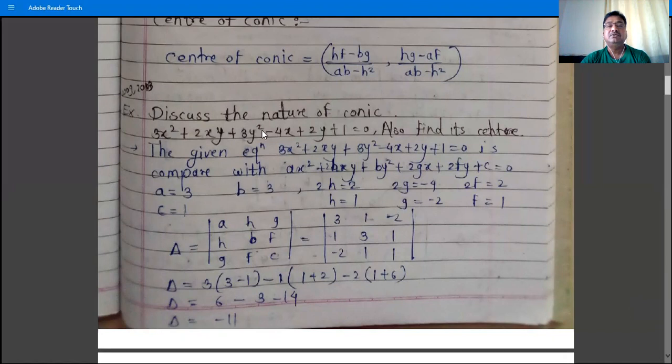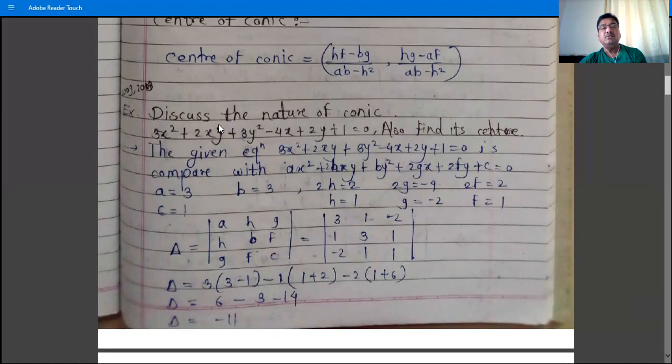So in order to convert this equation to standard form, remove the product term as well as the terms containing x and y. We have to remove this term, this term, as well as this term.